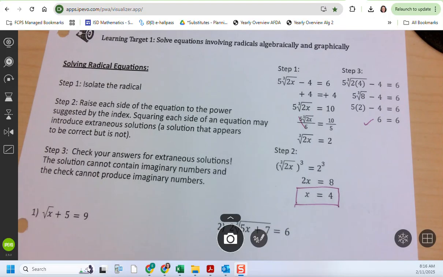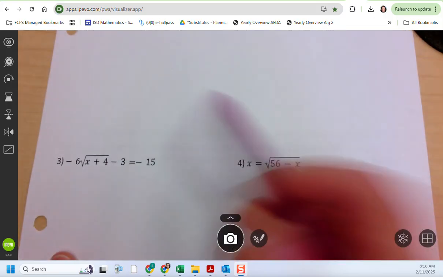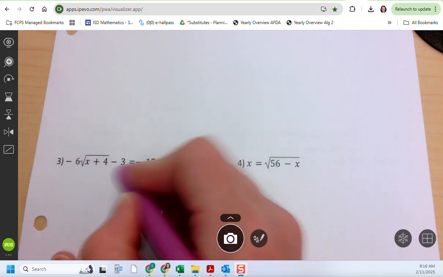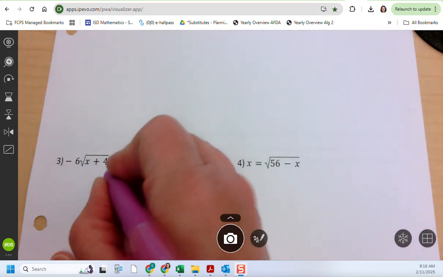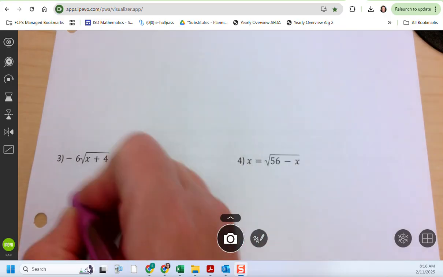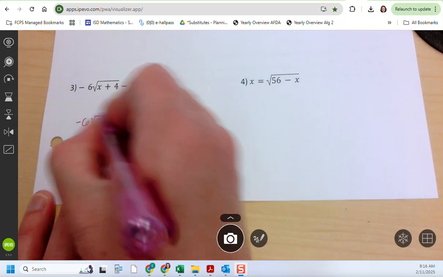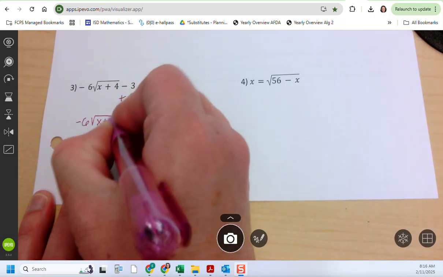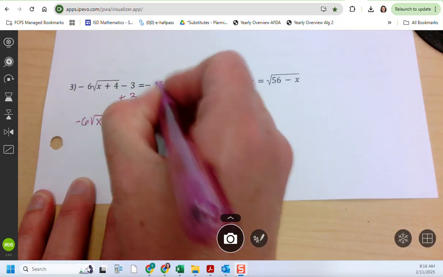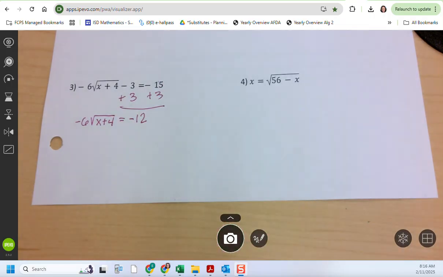So we're gonna do problem, should we start with problem 1? No, let's do problem 3 together, and then I can give you a minute to try 1 and 2, okay? So looking at problem 3, I have to get my radical by itself, so I'm gonna start by getting rid of the minus 3 with a plus 3 on both sides. Okay, so I have negative 6 square root x plus 4 equals, add that on your calculator or in your brain, negative 12.